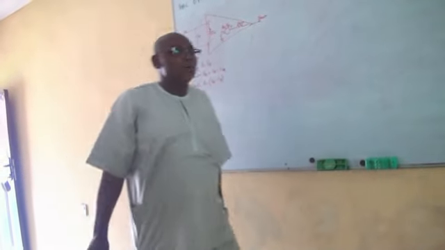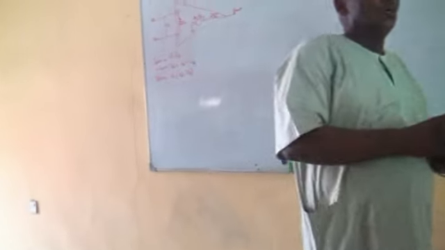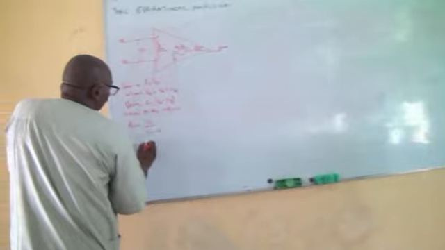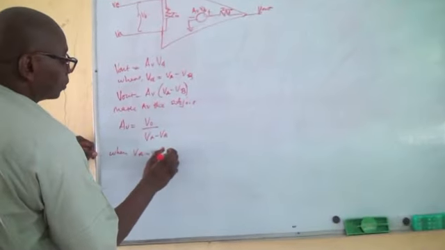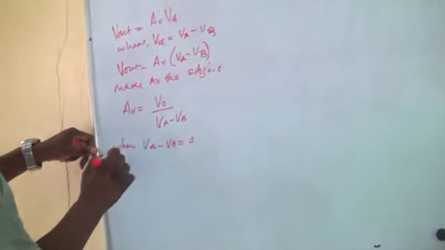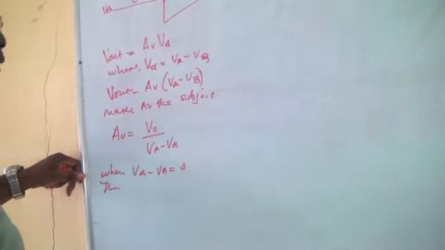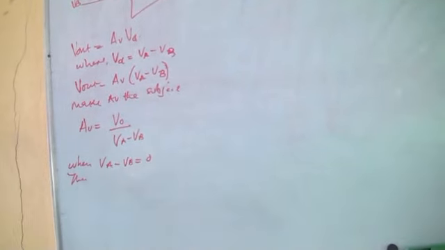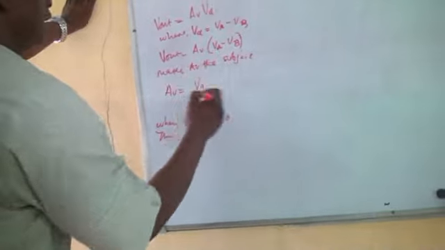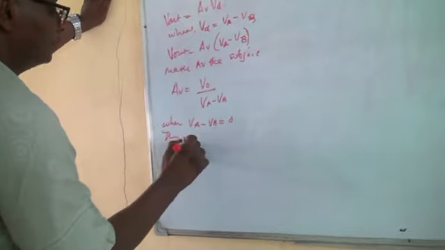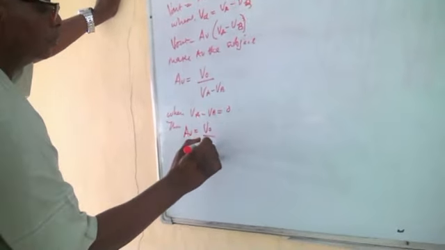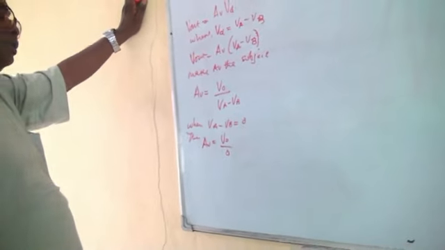And if the output is equal to 0, what are we going to derive from this very concept? VA minus VB equals 0. Then AV equals V naught all over 0.